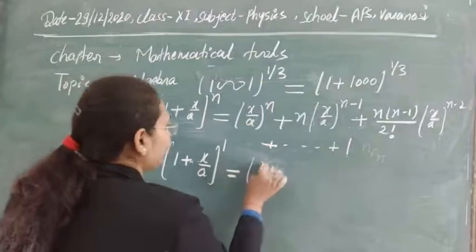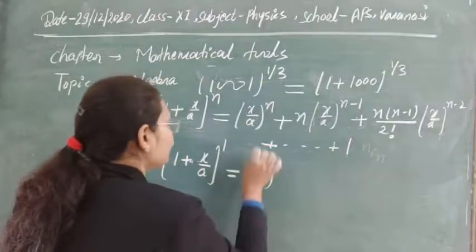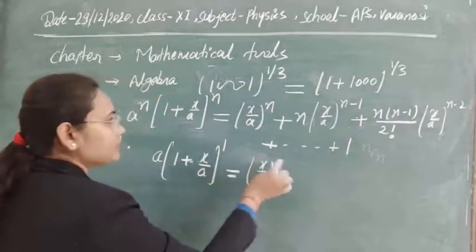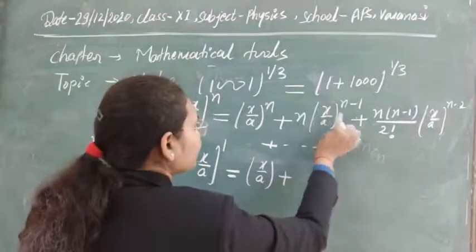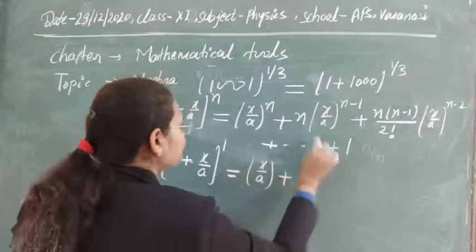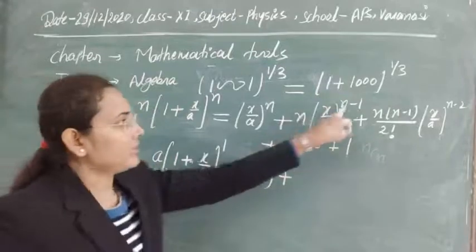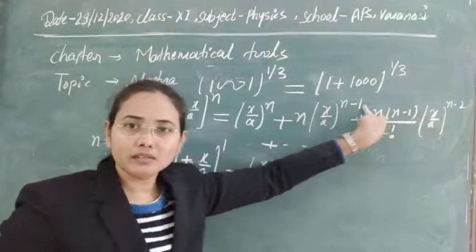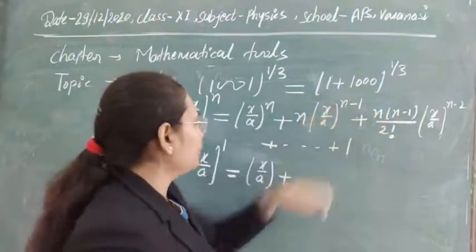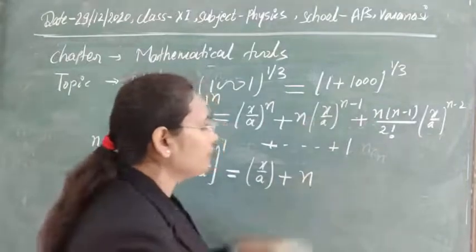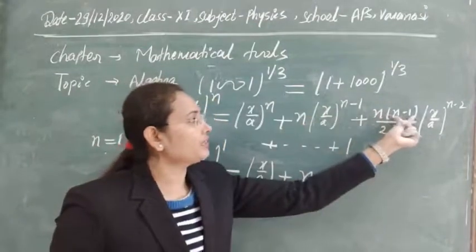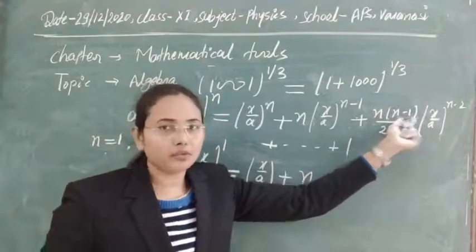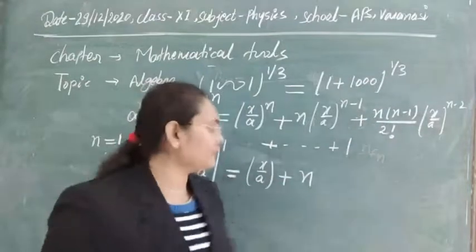So here finally we will get x plus a power 1, obviously, and the second term you will get n, that is 1, into x power 1 minus 1. X power 1 minus 1 will be 0, and its value will be 1. Again if you solve it, 1 minus 1 will be 0, and you will get nothing after this.